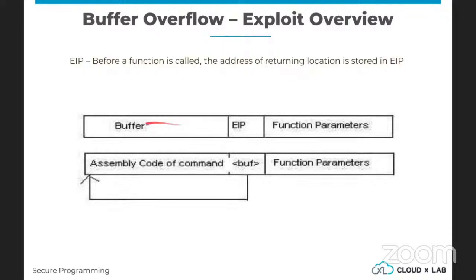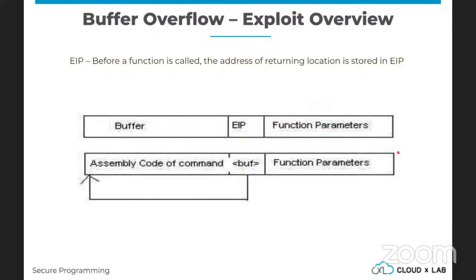So when you are calling a function in a program, it creates this kind of a frame on a stack. In this, it stores all the variables of that function, it stores the function parameters, and somewhere midway it stores the execution instruction pointer. This EIP tells the system where to go after executing this function.